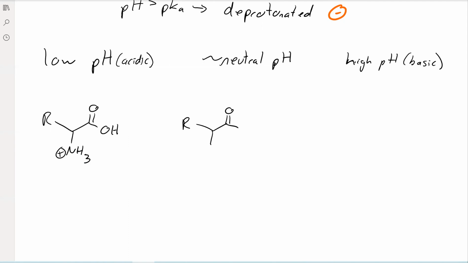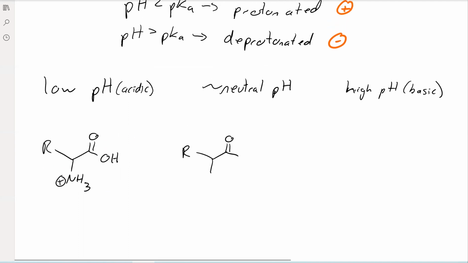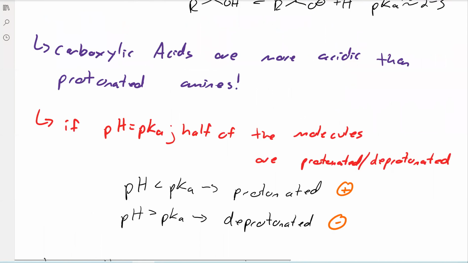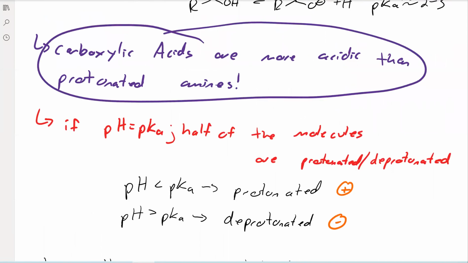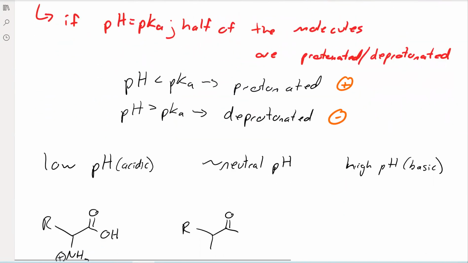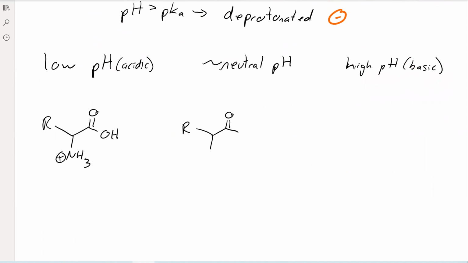At more intermediate pHs, now we're going to remove one of these H+. And remember that the carboxylic acid is actually more acidic than the amine. And so what we deprotonate here is actually our carboxylic acid. So that becomes an O minus, and this stays as an NH3 plus. Again, a lot of people don't like that.